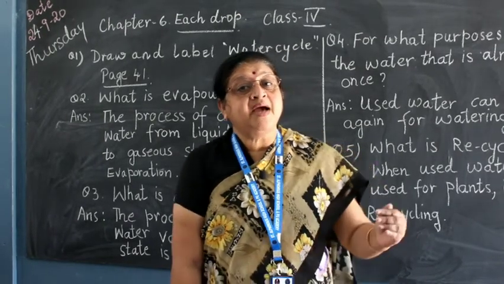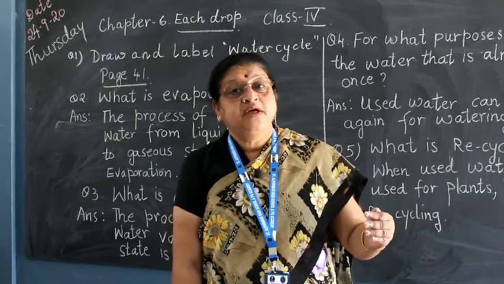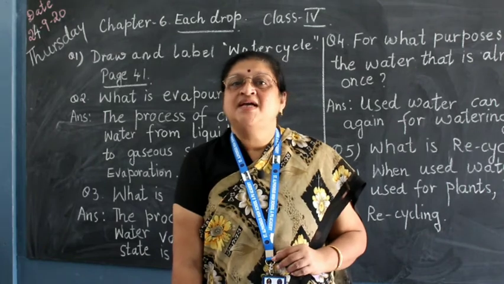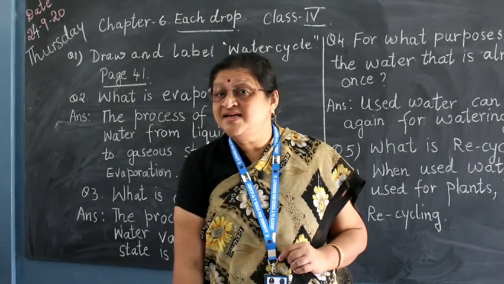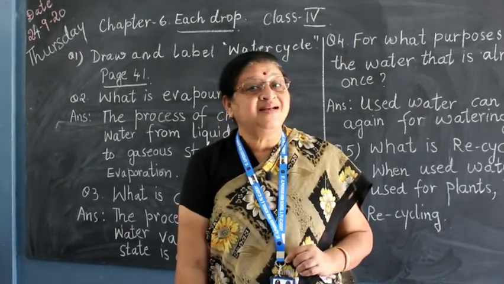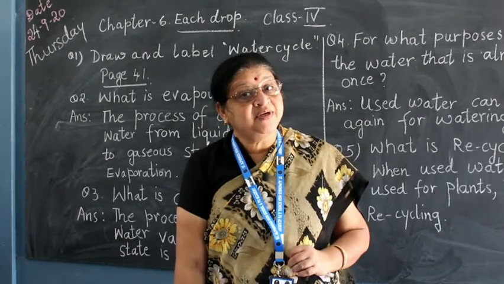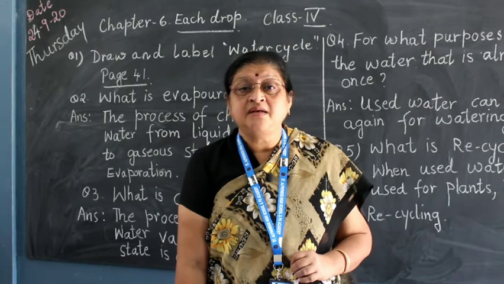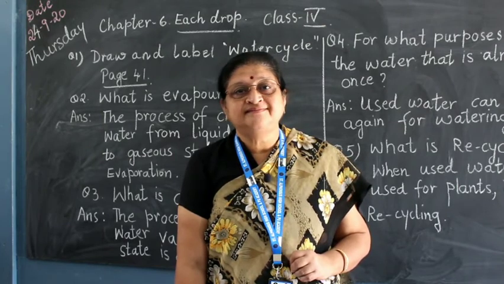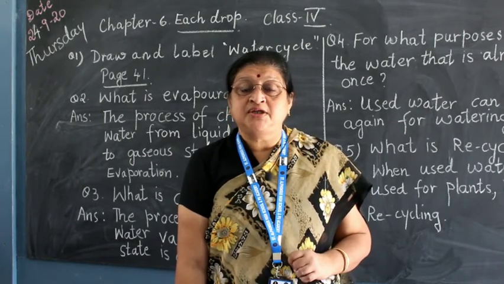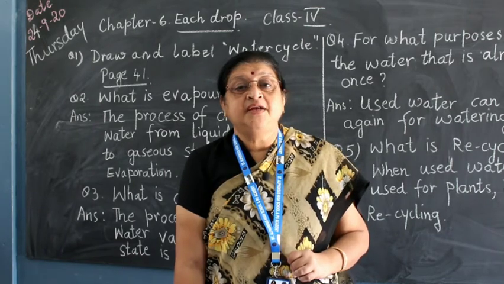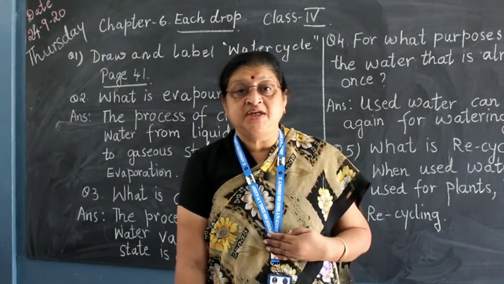We are getting water through pipes, but you must use it carefully, because if there is no rain, the ponds will get dried, lakes will get dried, rivers will get dried, then there won't be water. So to preserve water, we must not waste it.